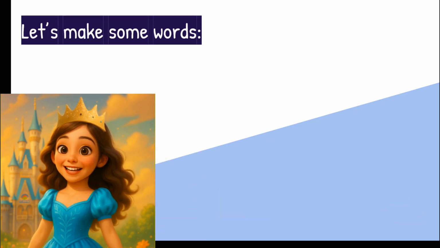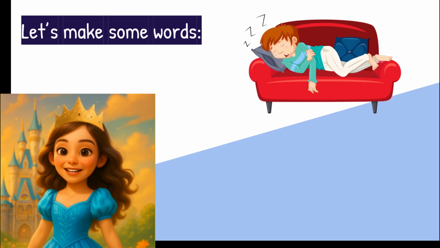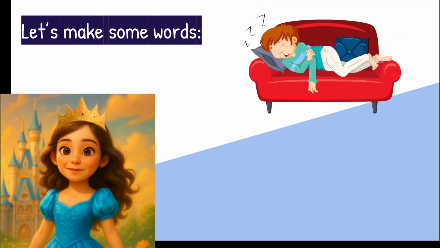Let's try another one. Okay, let's make some words. What is he doing? He's sleeping, right? But he's sleeping on the couch, so we call it a nap. Nap. Do you see my mouth and the sounds are coming out? Nap. How many sounds do you hear?